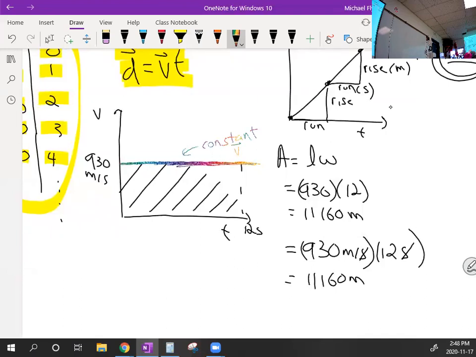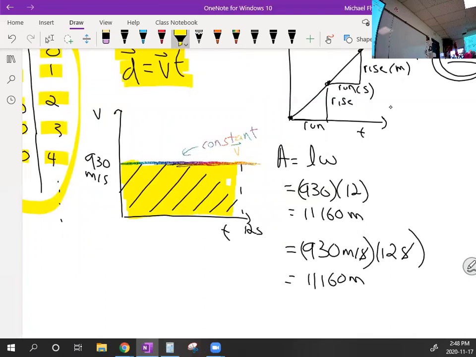So this is not a position time graph, it's a velocity time graph. And now it says, what is the area under the line? Well, this region in here is the area under the line. And why would they bother asking us for the area? Well, first let's just do it and I'll show you why in a second.